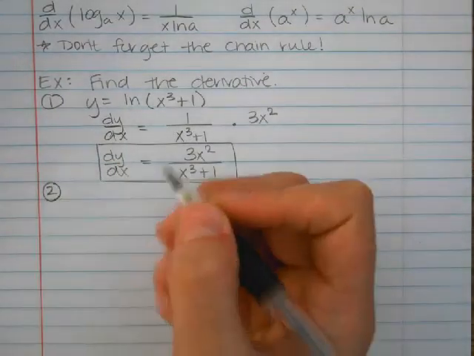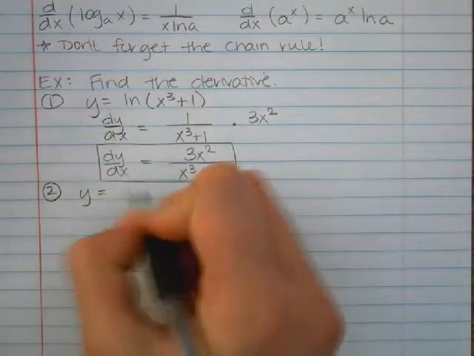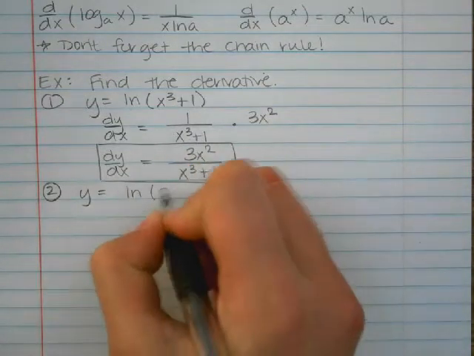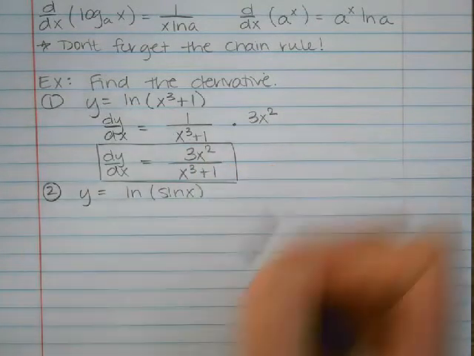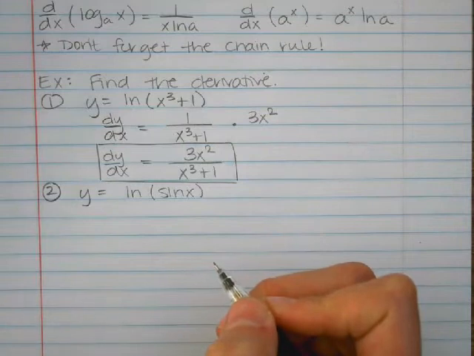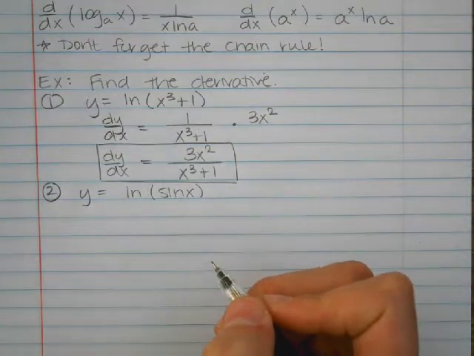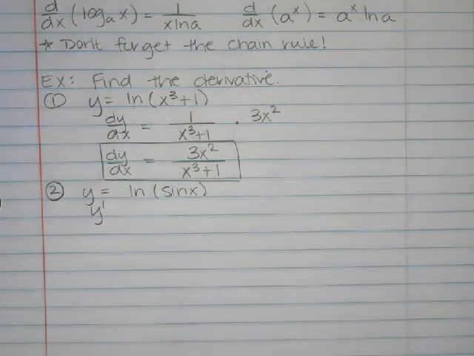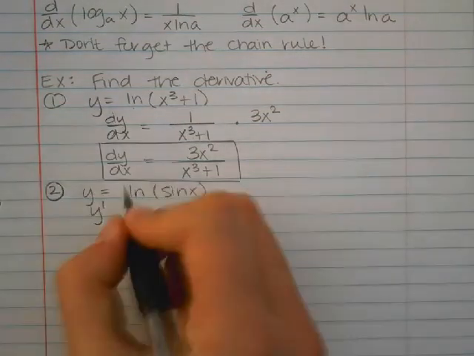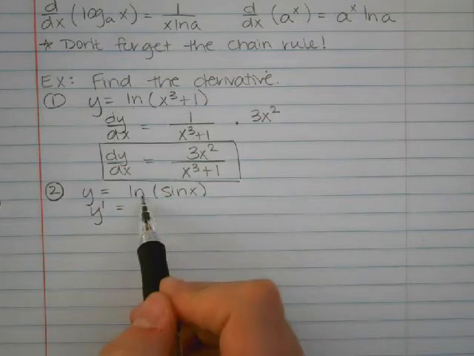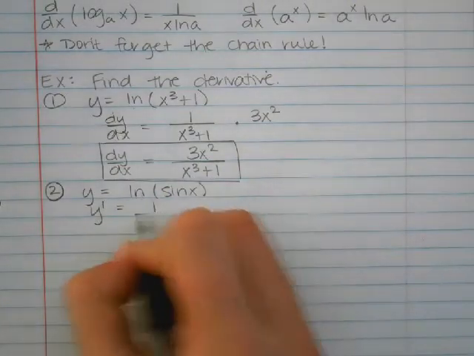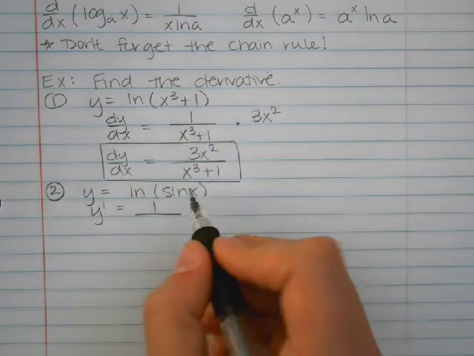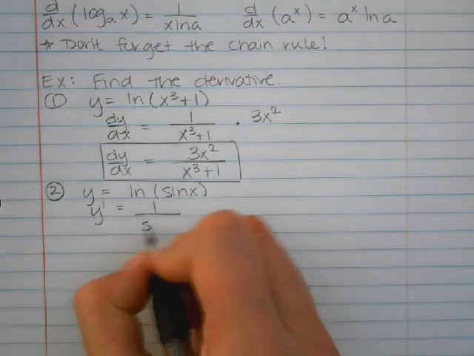For my second example, I'm going to say that y equals ln of sine x. So my outside function is ln x, my inside function is sine x. And this time I'm going to use a slightly different notation for my derivative. I'm just going to say y prime. The derivative of ln x would be 1 over x, or in this case the stuff that's on the inside is sine x.